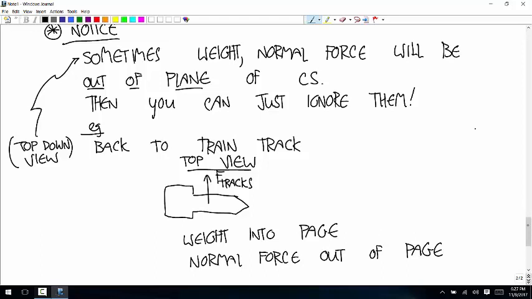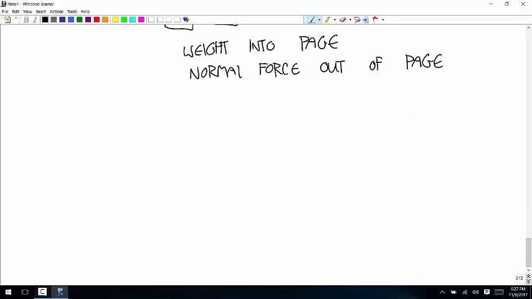Okay, let's do an example. So let's say we have a fighter jet. I don't know what they look like, but I have seen Top Gun.